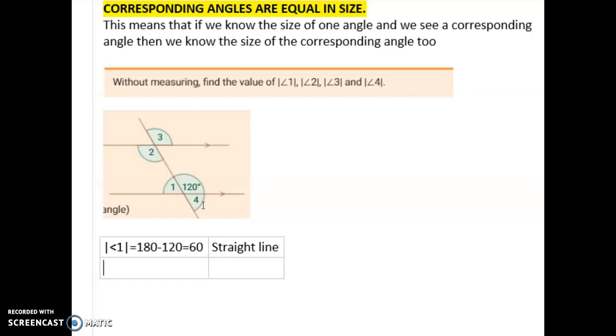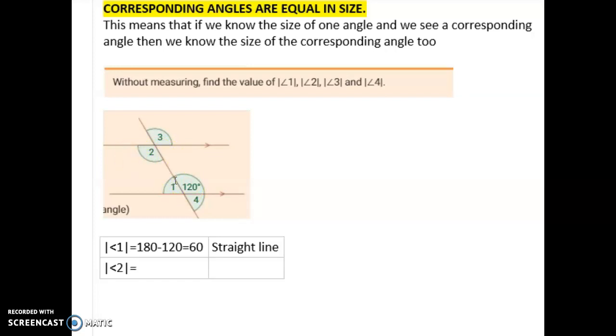The next angle is angle 2. What can we say about angle 2? If you look at angle 2 and you look at this angle here, we can see they're on opposite sides of the parallel lines and they're on opposite sides of the transversal. So that means they are alternate angles.